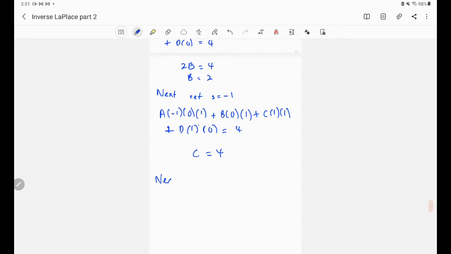Now we set the next value, s equals to negative 2.